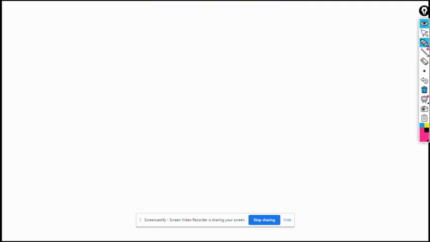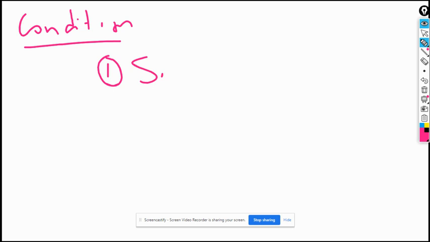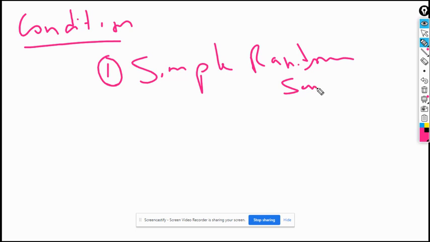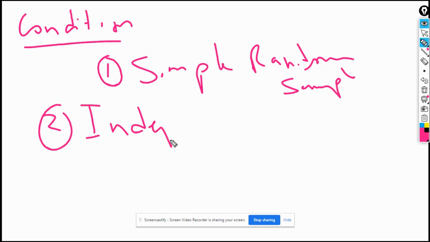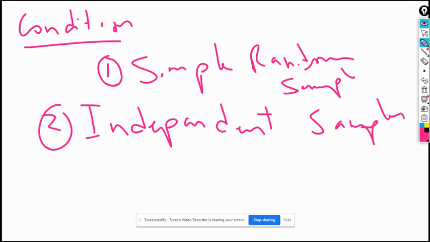As usual, we have to know the conditions for when to use it. First, as usual, a simple random sample. Two, it should be independent samples, so they don't rely on each other.